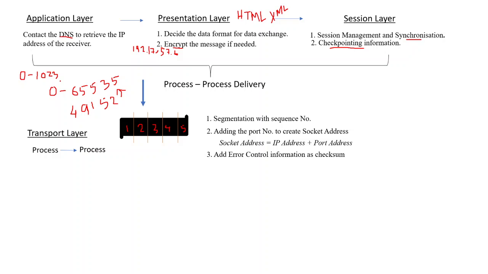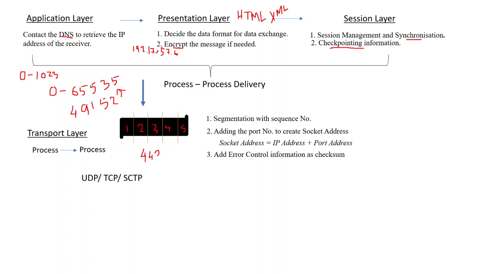For example, this is an HTTPS application, and there are three kinds of communication protocols used by the transport layer: UDP, TCP, and SCTP. If it is using a TCP connection with the server, the port number of my destination machine will be 443.